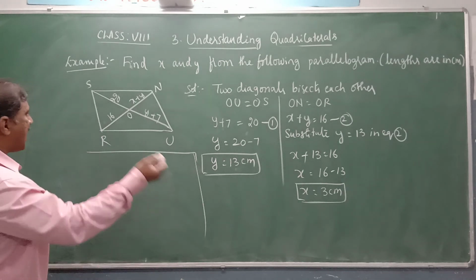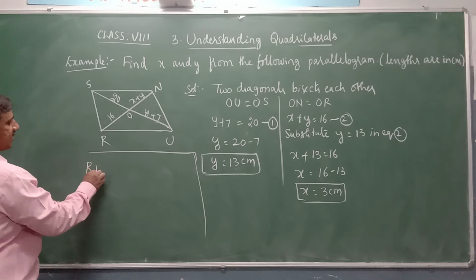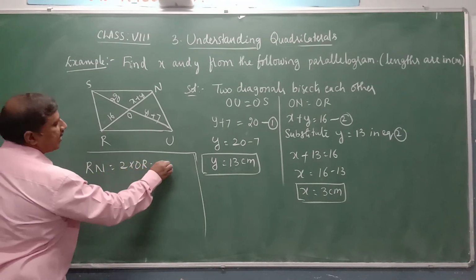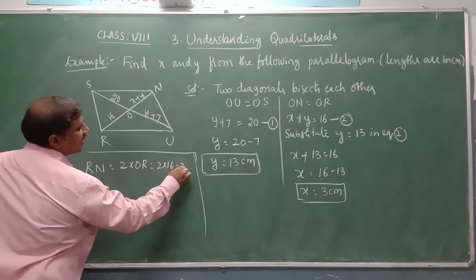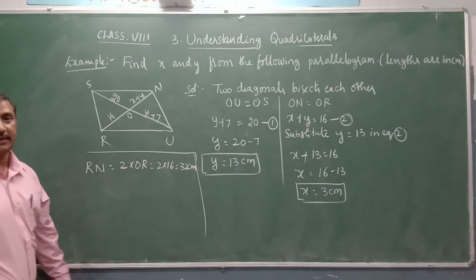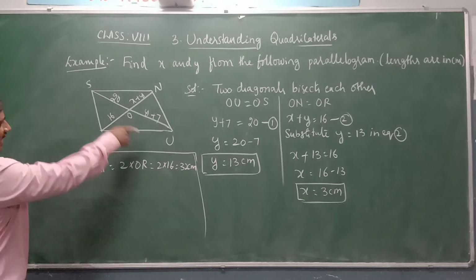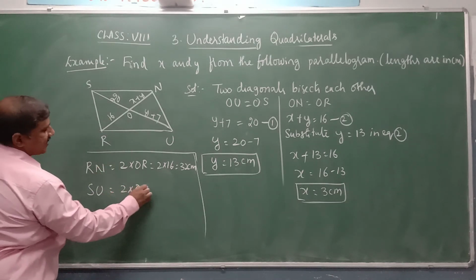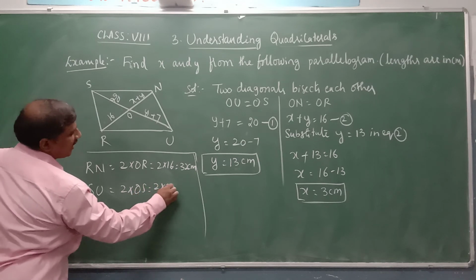So RN is equal to 2 times OR, that is 2 into 16, 32 centimeters. Similarly, SU is 2 into OS, that is 2 into 20, 40 centimeters.